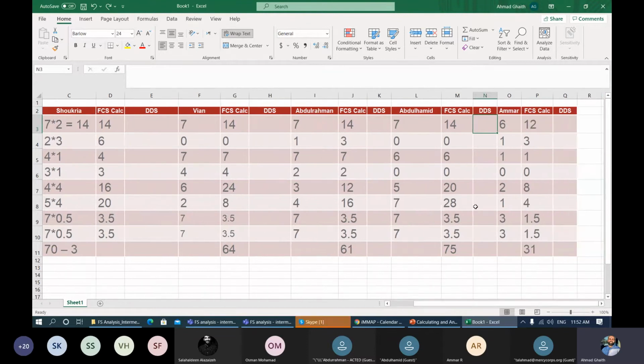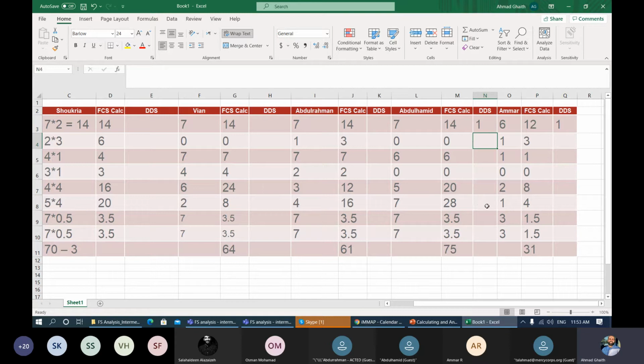So for the dietary diversity score, we're just going to say 0 or 1 based on whether people ate this group or not during the week. For starches, Abdul Hamid gets a 1 and also Amar. This is now for pulses.